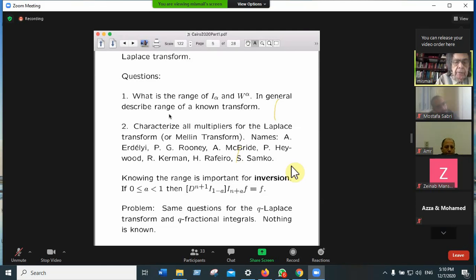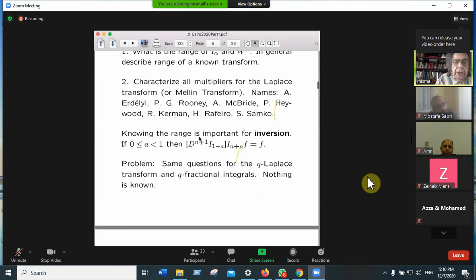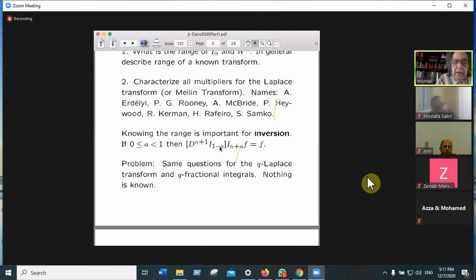Now, knowing the range is important because if you want to invert, usually you see this kind of formula, which says if I integrate n plus a times, and then I integrate 1 minus a, this becomes integral of order n plus 1, and then if I differentiate n plus 1 times, I should get the function back. So this tells me how to get f from this.